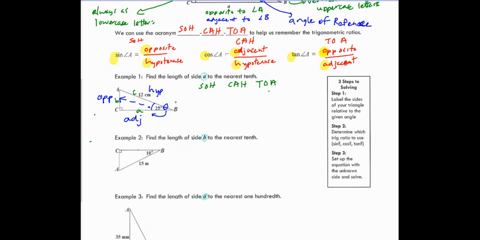So I need A and H in it. Well, the only one with just A and H is this one. These two are not going to be helpful. So I like to cross them out and eliminate them. So I'm going to pick cos.